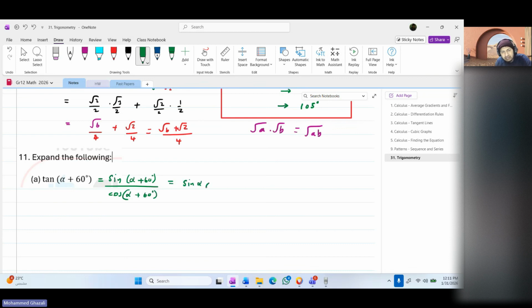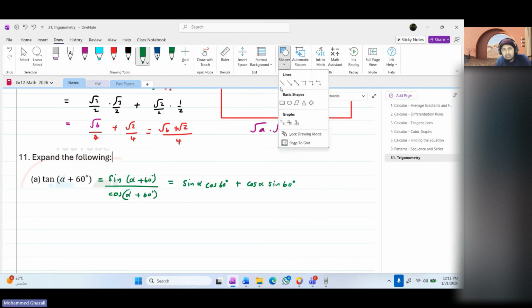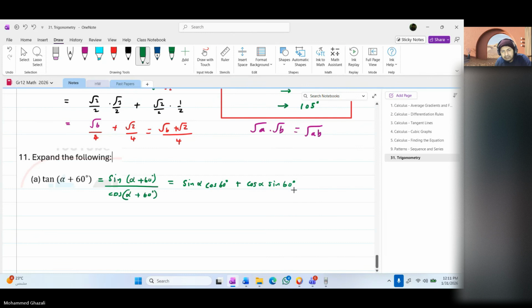Sine alpha cos 60, because you're expanding sine, it's a sine and cos mixture, plus cos alpha sine 60. So start with sine, end with sine: sine alpha, cos 60, cos alpha, sine 60, all over cos, minus because there's a plus there, sine sine.